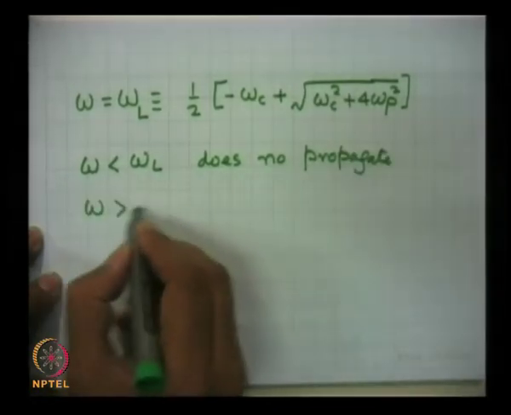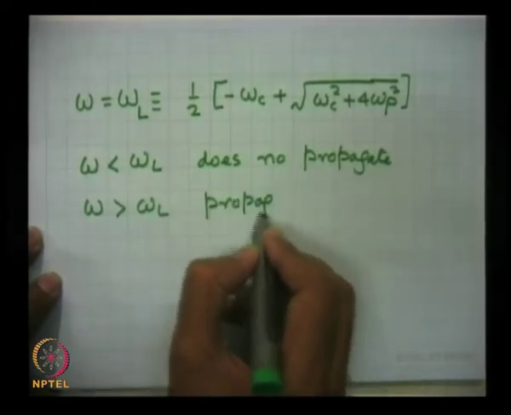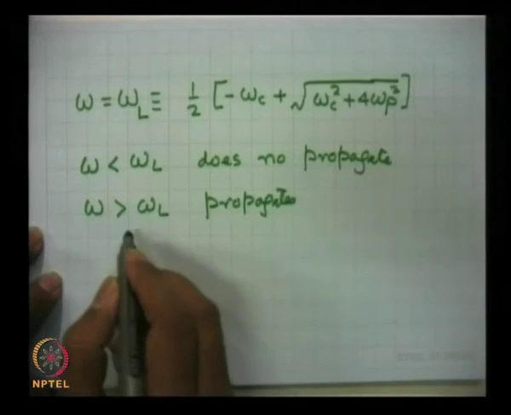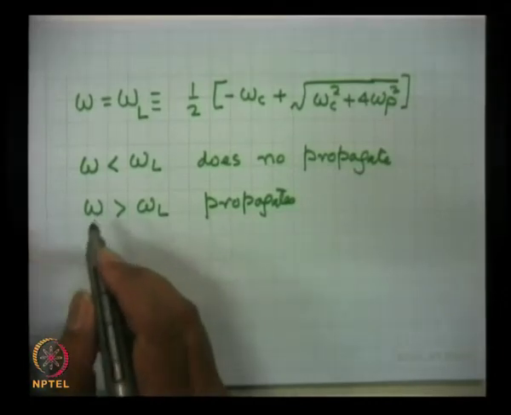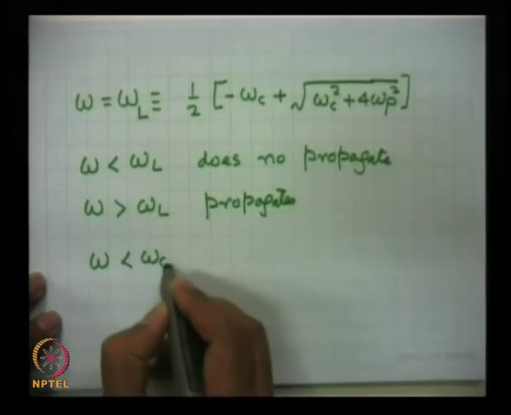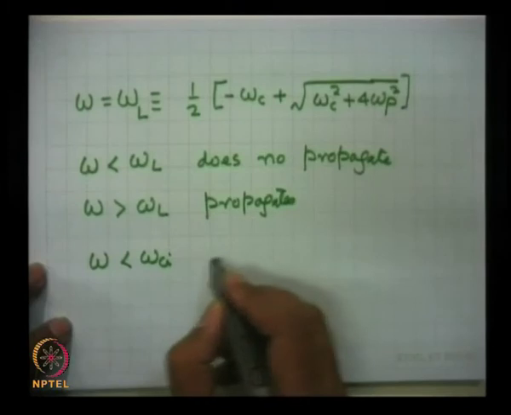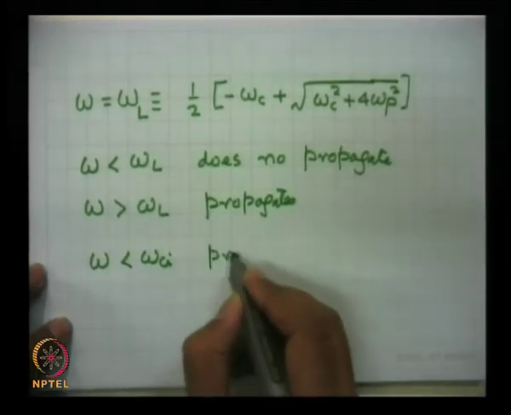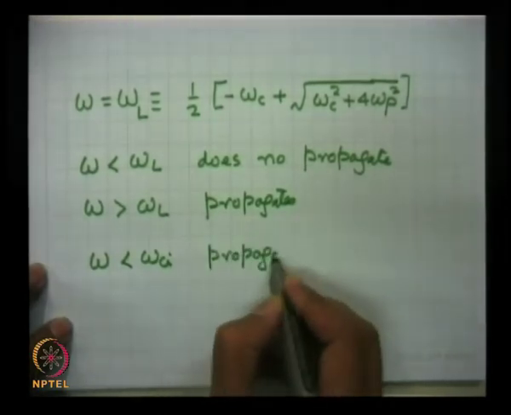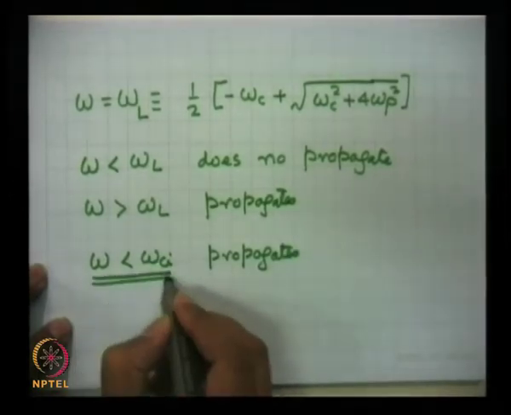Omega bigger than omega L propagates. But if you make omega substantially smaller, less than omega Ci, the ion term changes sign, and one gets propagation again. So there is something spectacular happening at omega equal to omega Ci.